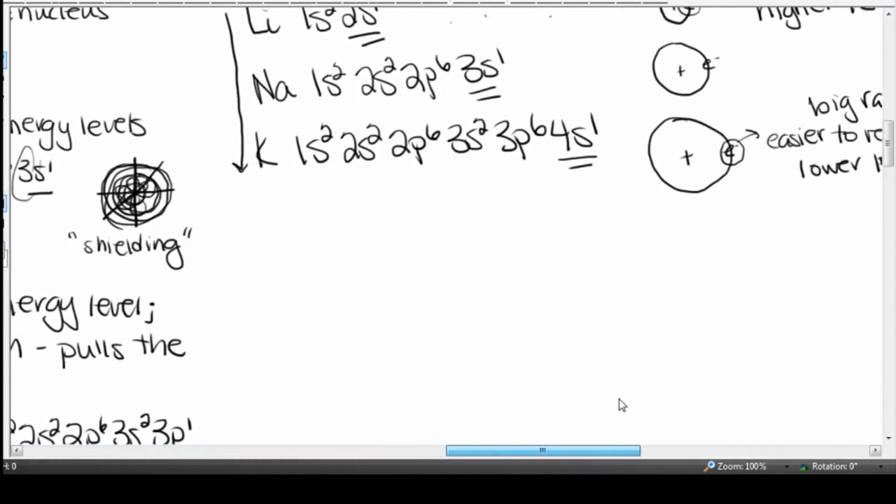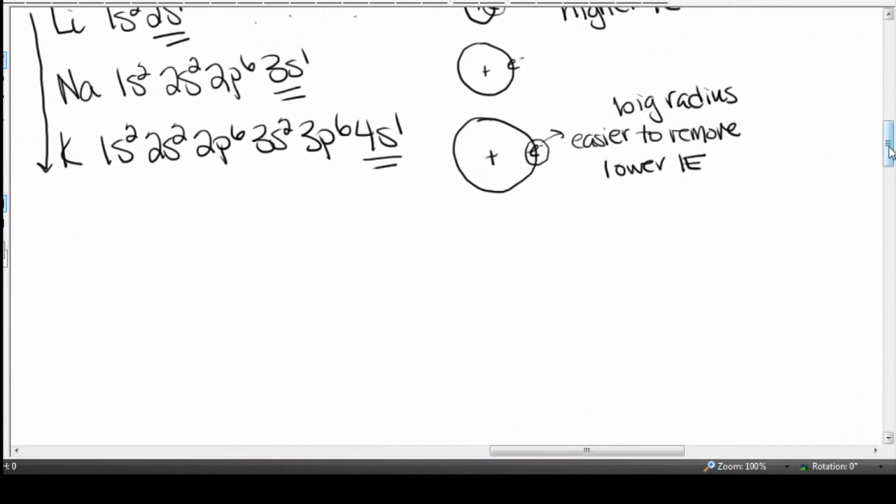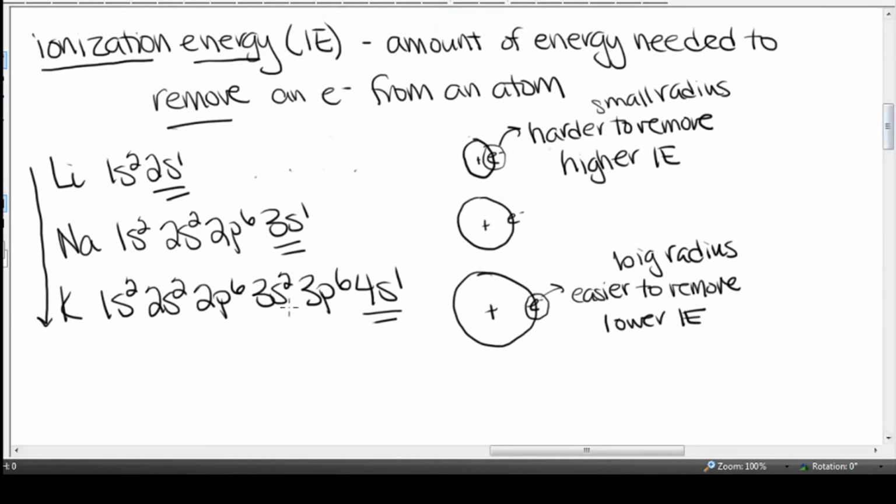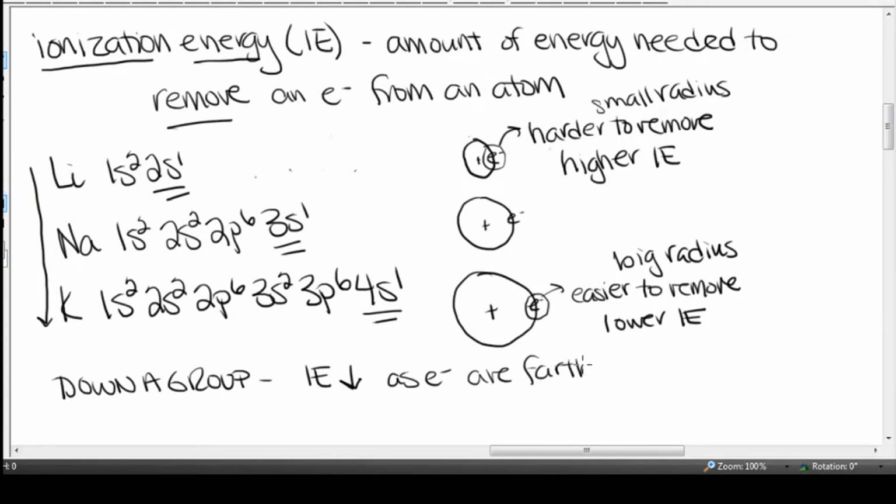Okay. So if we wanted to add that sort of statement over here for ionization energy: down a group, ionization energy decreases as electrons are farther away from the protons and thus easy to remove.